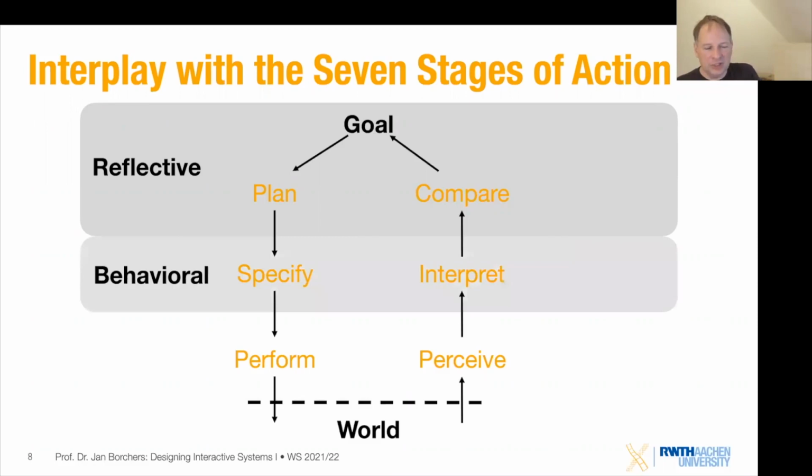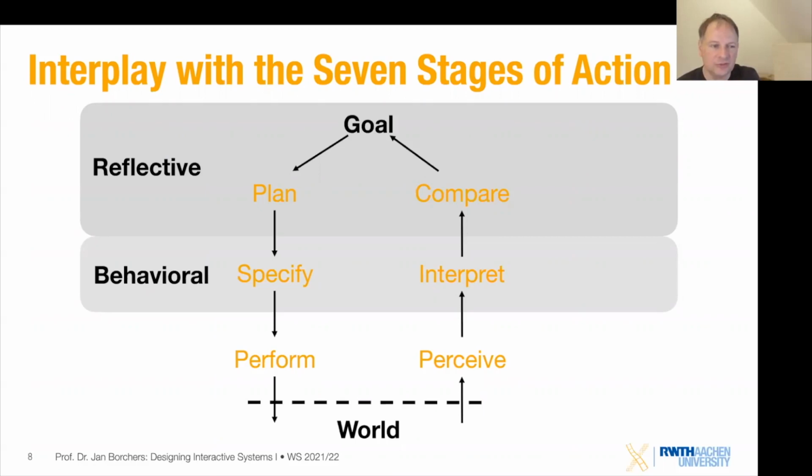In a way, these middle levels, moving from a plan to the specified action sequence, is all about affordances, constraints, mappings, etc. And similarly, on the right hand side, we've got the interpretation of results, which is a large part about feedback and, again, good mappings from system state to outputs.